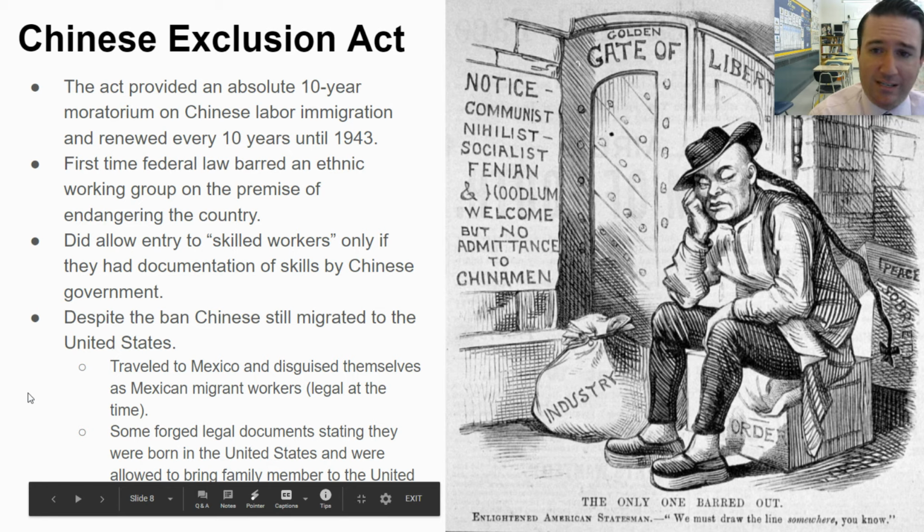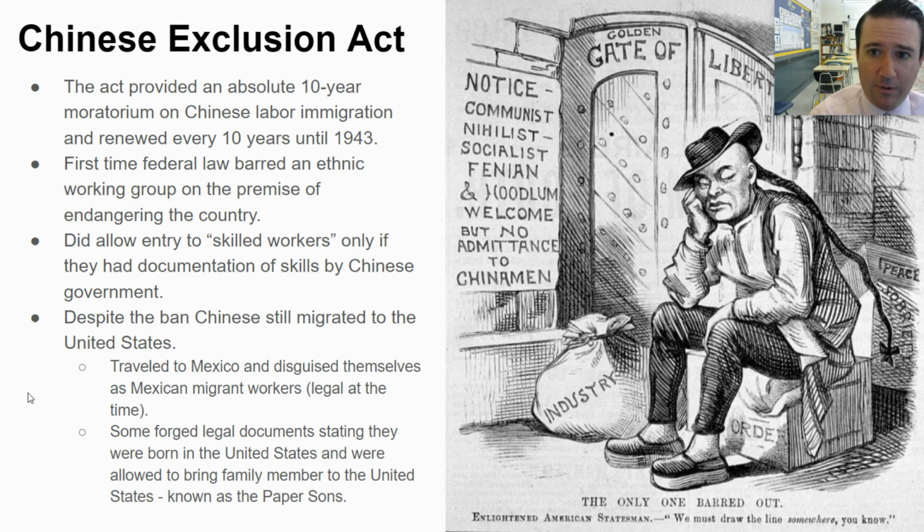This is the first example, and one of the few examples in American history, where a specific immigrant group was targeted as being a threat to the United States, and the entire group was barred from coming. That's what's intended, though it doesn't really end up happening. The act put a moratorium on Chinese laborers coming to the United States for at least 10 years, in particular targeting unskilled laborers.